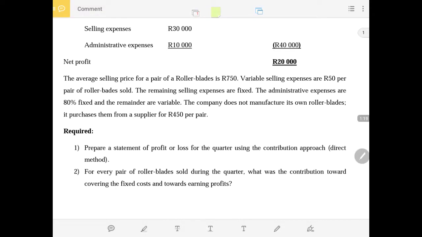Then number 2 says, for every pair of roller blades sold during the quarter, what was the contribution towards covering the fixed cost and towards earning the profit?